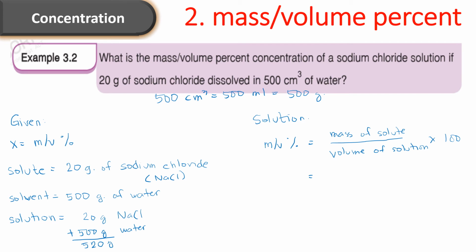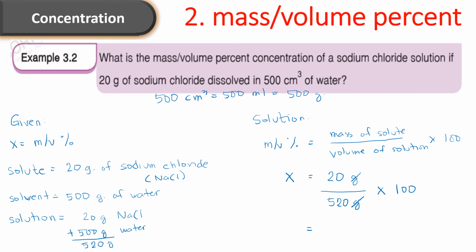And you will have there mass over volume percentage, which is your x, mass of your solute, which is 20 grams of your sodium chloride, because our solute here is your sodium chloride, and then the volume of your solution, so we're talking about solution, which is 520 grams, multiplied by 100. So same terms cancel.